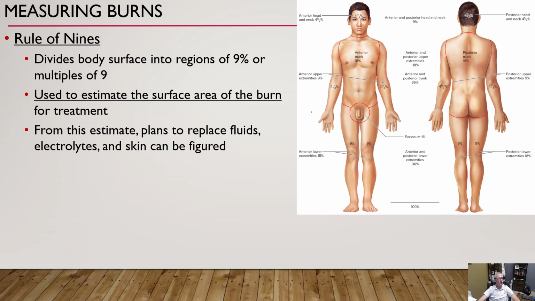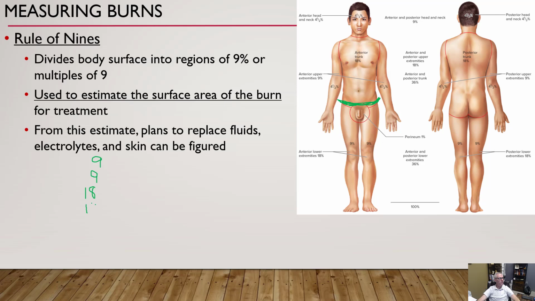So for example, if I asked you what the percentage would be if the person got burned from basically here on up? So you would do the right arm, which would be 9%. The left arm would be 9%. The front side or the chest would be 18.